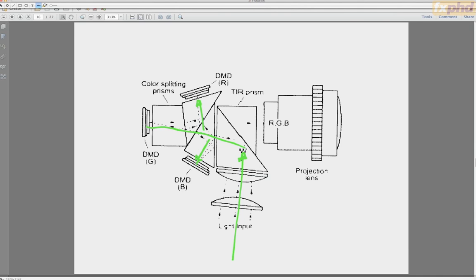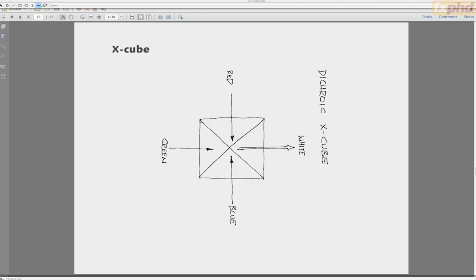And then you've got to arrange that when that light is reflected, it doesn't get reflected back into the light source, but goes out to the projection lens. So there's a very, very complicated arrangement of optics in a DLP projector, but it's all very much stemming from that Philips prism idea invented about 40 years ago.